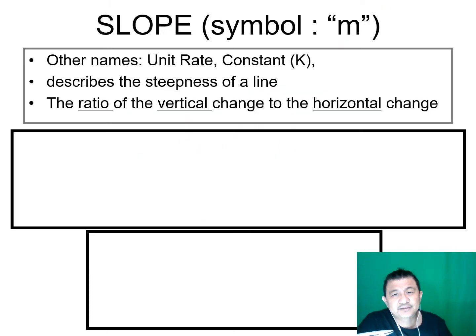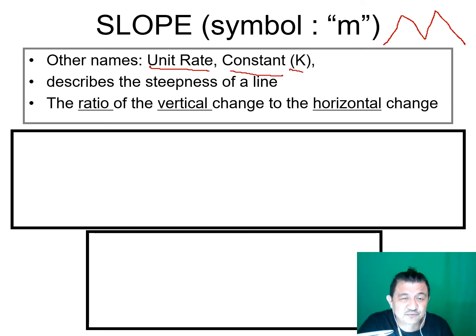Okay, slope has the symbol m. Why is it m? Why shouldn't it be s, right? I know the reason why. Because if you look at the letter m, those angles formed are like what? Edges of a mountain, right? So the edges have slopes. Okay, so other names are unit rate and the constant k.